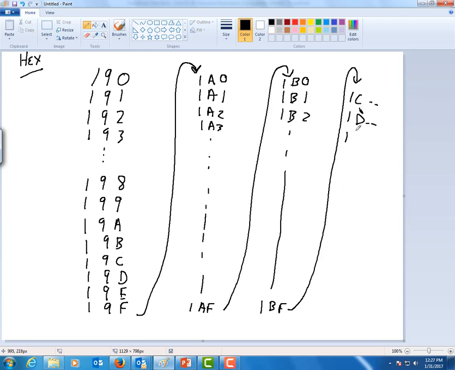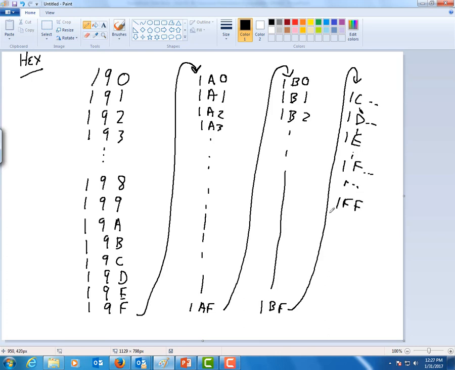And then you're going to go to 1D0, 1D1, 1D2, all the way up to 1DF. And then 1E, and then 1F, right? 1F0, 1F1, 1F2. And then finally, what comes next? You're basically going to have, at some point, 1FF.